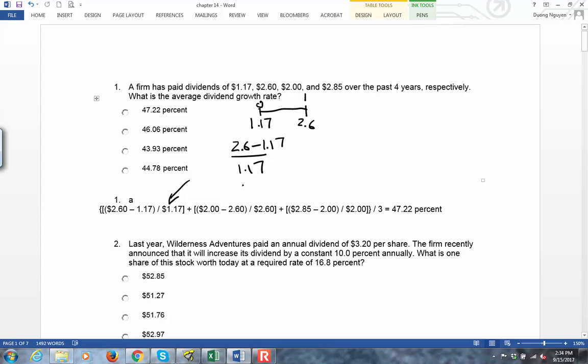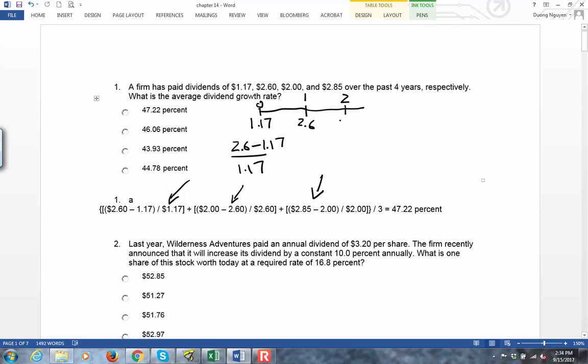Alright, so that would be the growth in the first year, as you can see from here. This would be the growth in the second year, and this is the growth in the third year. You are given 4 amounts of dividends, but that should give you the growth for only 3 years.